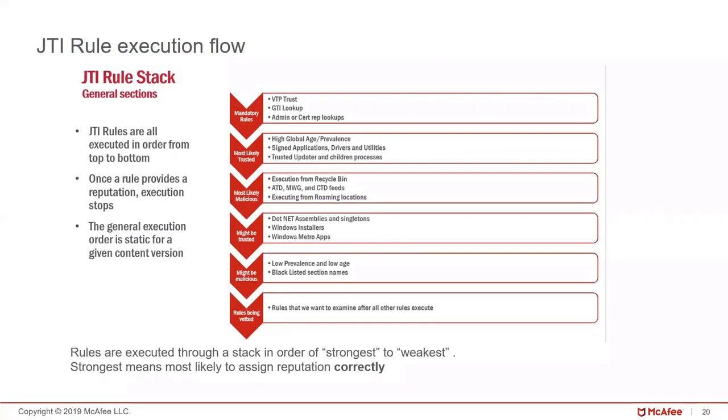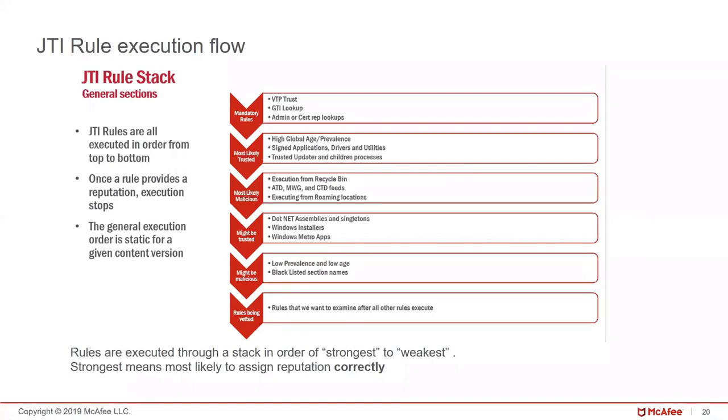What we're looking at here is how the rule execution flows, the flow of the actual rules. The ATP debug logs are showing a rule ID and an example leading to the unknown reputation and then the candidate for further inspection by the rule protect.